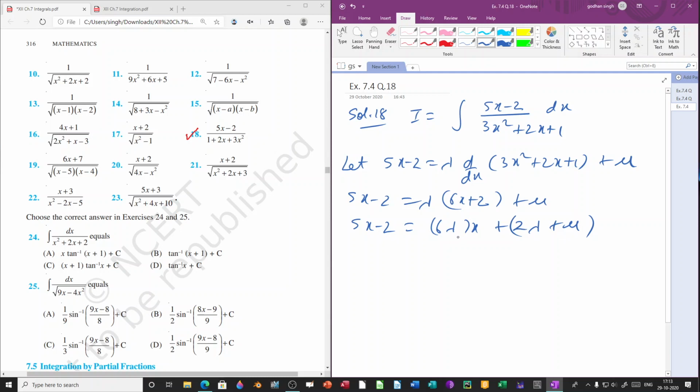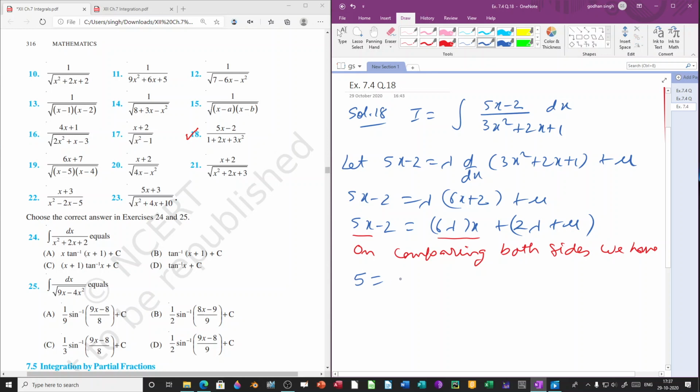Similarly we have the x term on the right hand side and on the left hand side, so we can compare their coefficients, because if they are equal, the coefficients should also be equal. So on comparing both sides, we have 5 equal to 6 lambda, and let us compare the constant part now, that is minus 2 equal to 2 lambda plus mu.